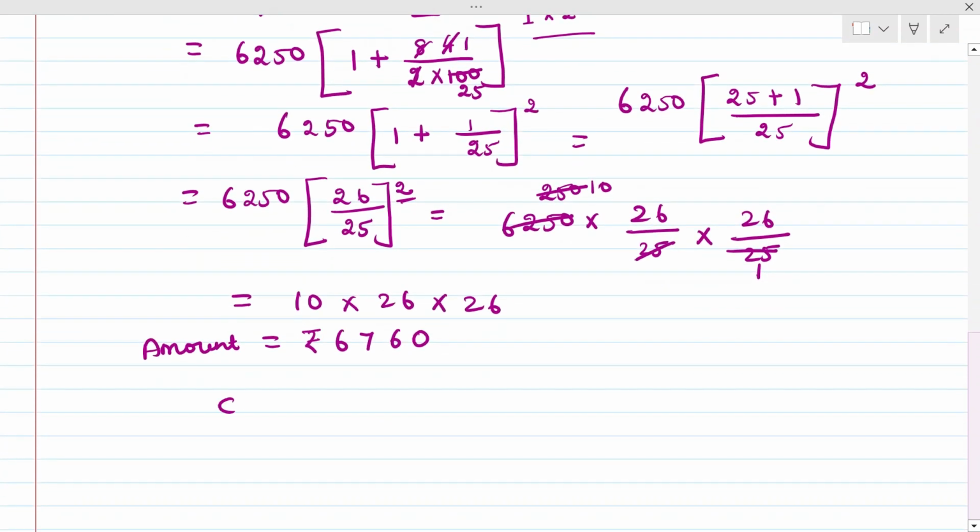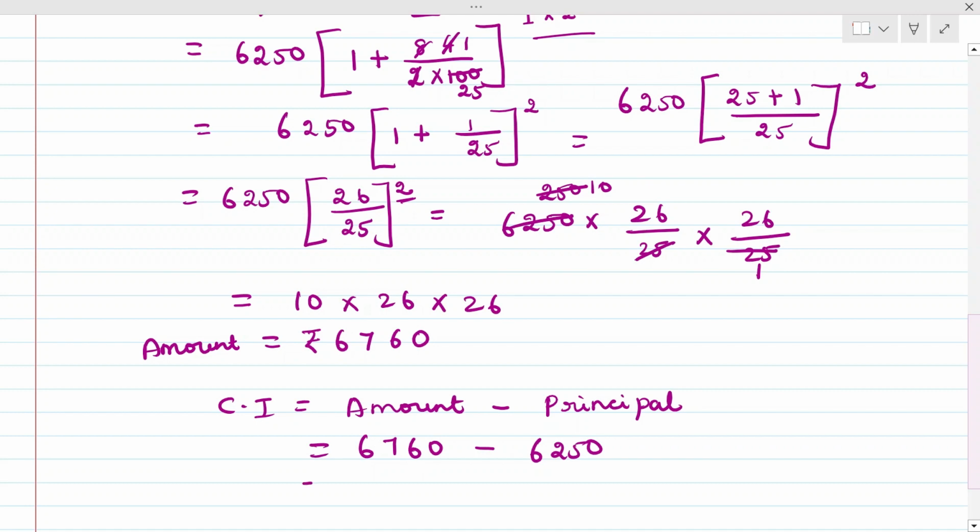Now, compound interest, CI equal to amount minus principal. Amount here is 6,760 minus the principal 6250. So, the compound interest is 510.